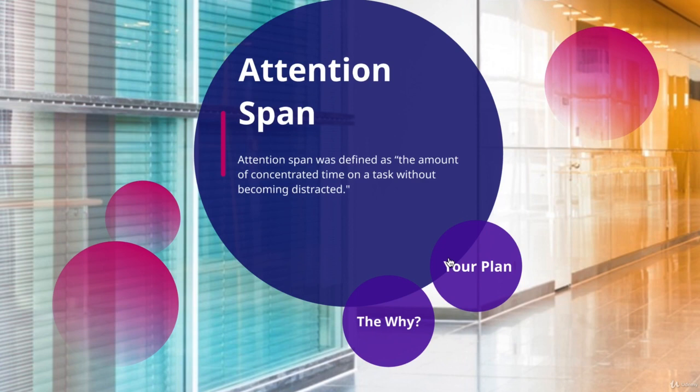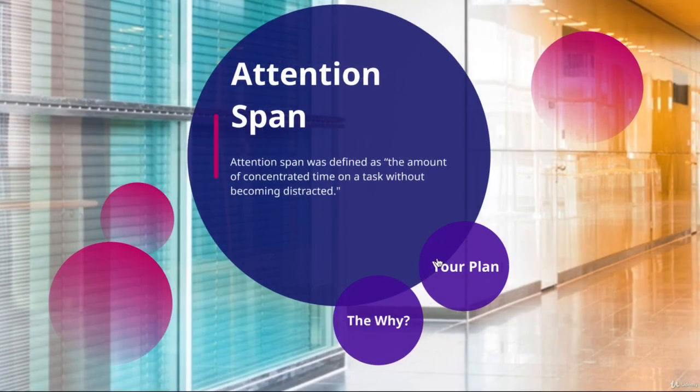So the first thing you need to understand when you're starting, it is very important that you understand the attention span of your audience. The attention span, when studied by many, is simply the amount of concentrated time on a task without being distracted. So, of course, things happen. Somebody walks in the room, somebody coughs, somebody sneezes.